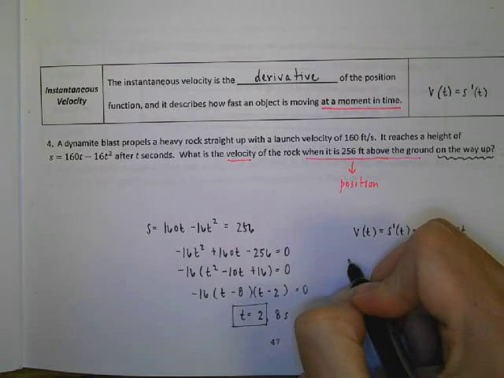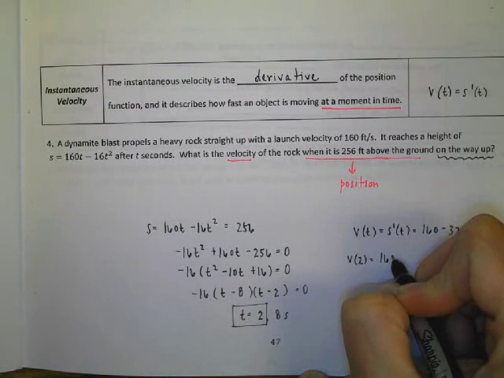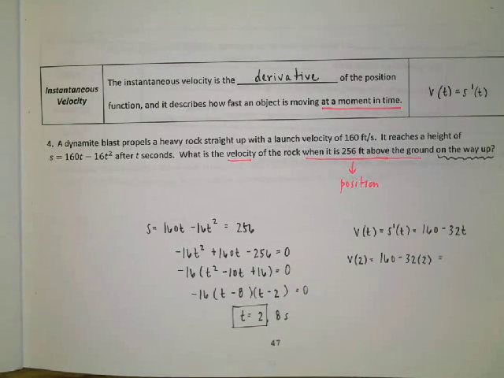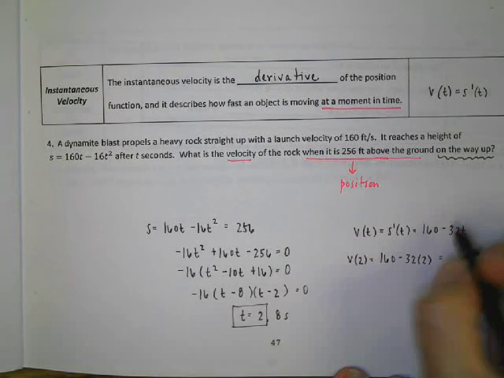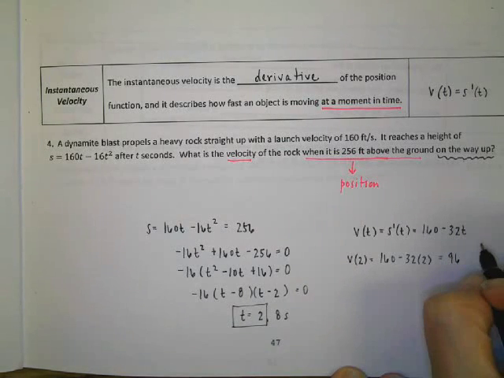And now we said we want to find velocity at 2 seconds, so we're going to substitute 2 for t. And if we do a quick calculation, we're going to get an instantaneous velocity of 96 feet per second.